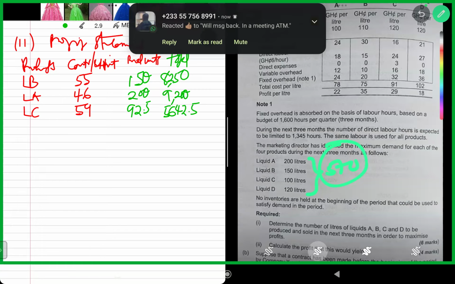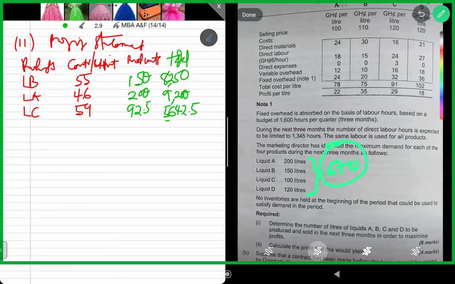No. So this is the total contribution. It's 54575.5. So which one should I write? Someone should confirm for me. 59 times 92.5. What do we have?